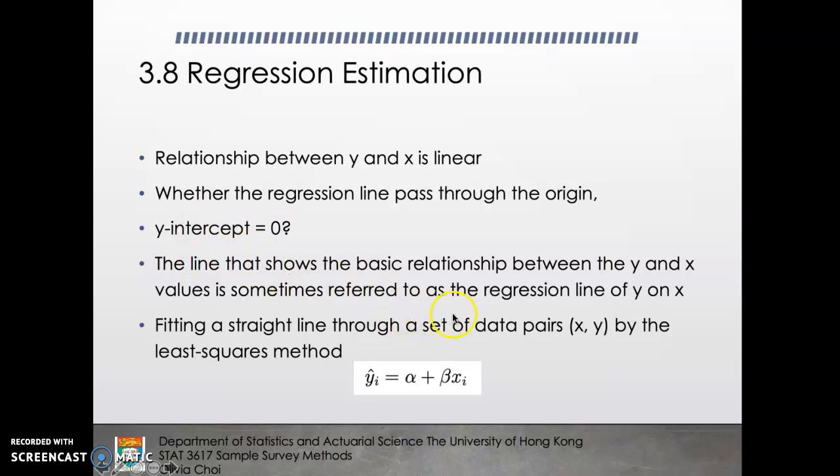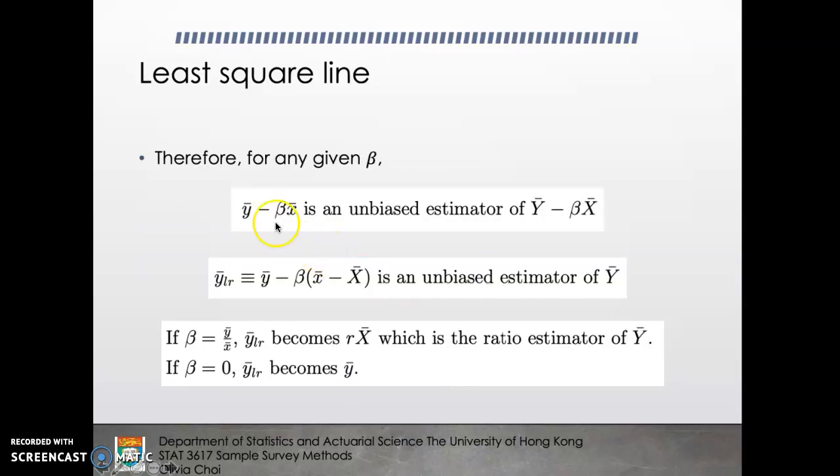The line shows the basic relationship between y and x. We try to fit a straight line passing through most of the points of x and y. The regression line is obtained by the least squares method, so that we have y_i equals alpha plus beta x_i. In this case, alpha is the y-intercept, and beta is the slope of our regression line. Therefore, for any given beta, we can use our sample regression line, which is y bar minus beta x bar.